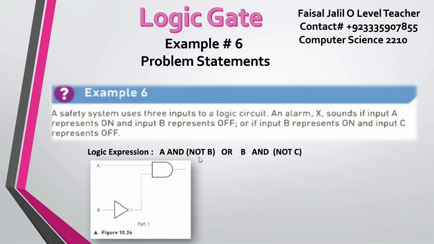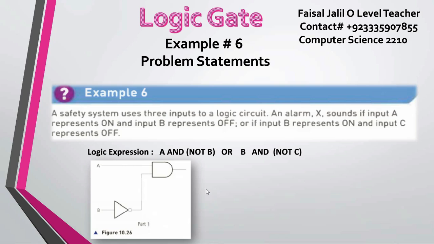The second one comes from B. It's not simple B, it's NOT B. So first we start from B and then put a NOT gate in front of B, and then provide this input over here, connect this with the AND gate and just take out its one output over here. So this is part 1. The second is the OR gate.